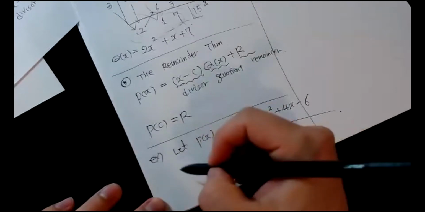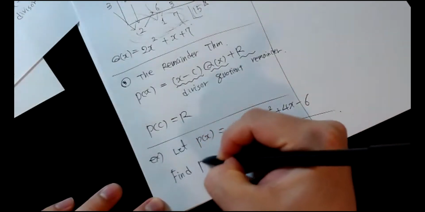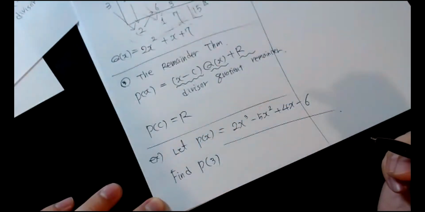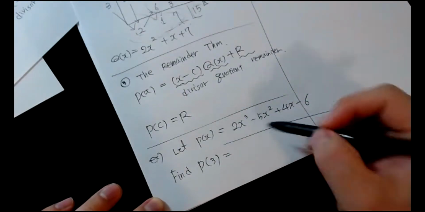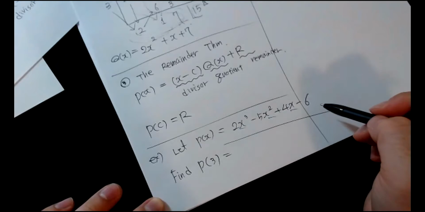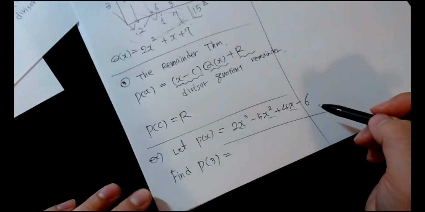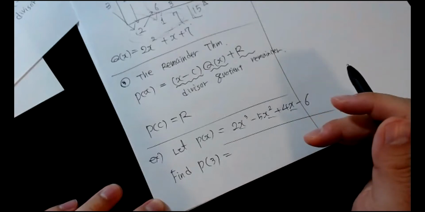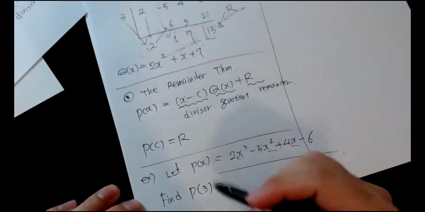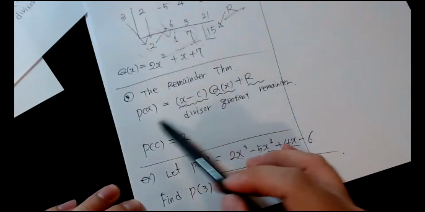Then I want to find out p of 3. Simply substitute 3 for x in the polynomial function, and you can figure out the answer, right? But instead of that, we may find p of 3 by using the remainder theorem.